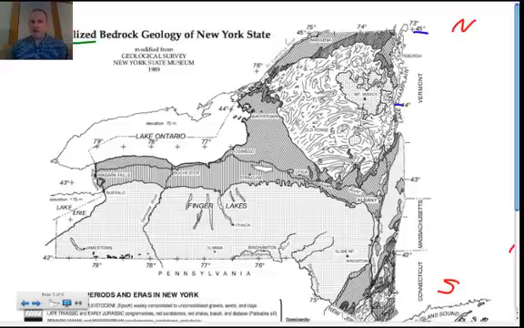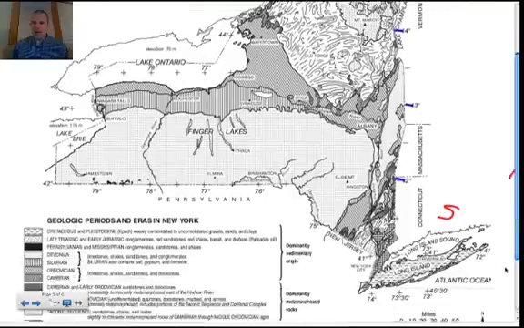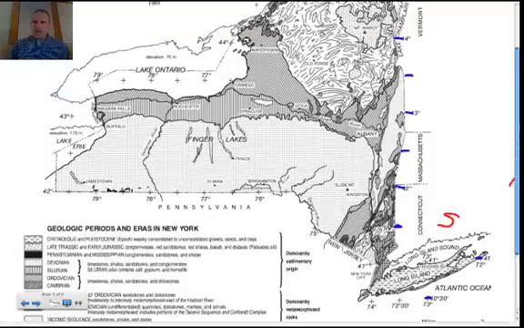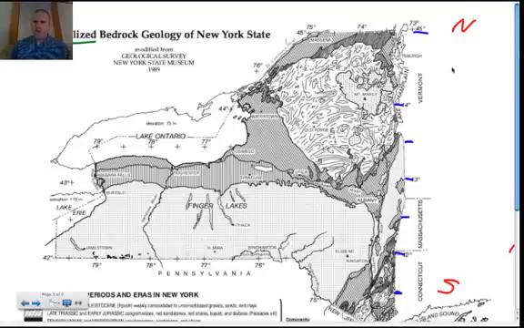We have 44 marked here, 43, and 42. We can continue down the map, and our bottom one here is 40 degrees and 30 minutes. In here is 41. At the half intervals, they're not labeled, there's just a little hatch line or a mark there for the 30 minutes. So we can see that we have latitudes in New York State that range from 40 all the way up to 45 degrees.